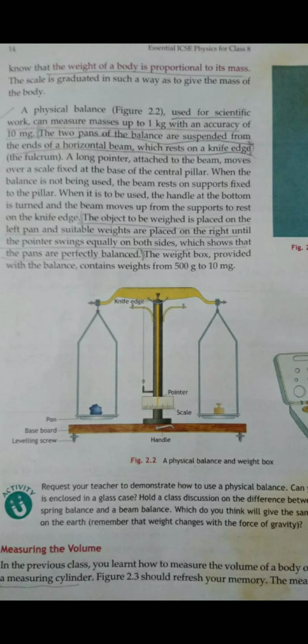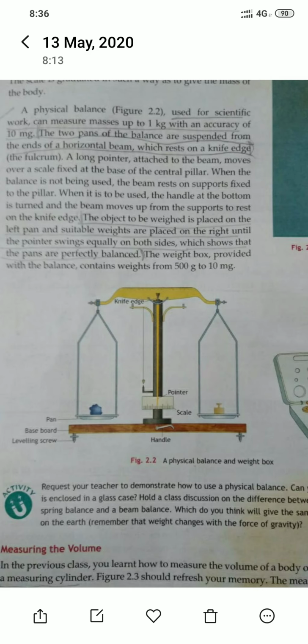On one pan we keep the weight from the weight box, and on the other pan we put the object which we have to weigh. First you put the object over here, and then you see the pointer, the yellow colored line coming from top to down up to the scale. The pointer should be exactly at the zero marked on the scale. If the pointer is slightly left or right, that means we have not balanced the physical balance.